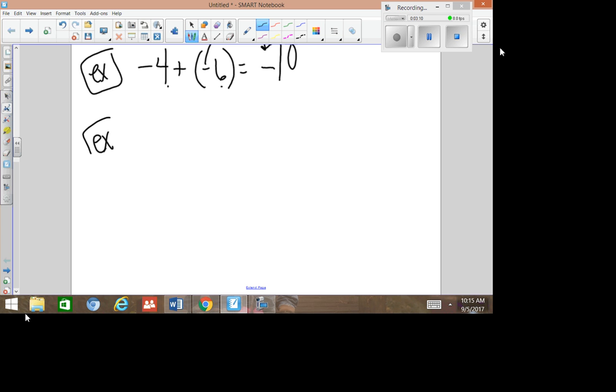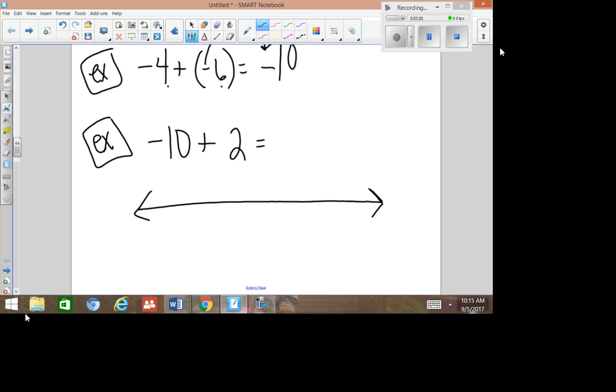Okay, let's look at one like this, just because we're going to start with easy numbers. Negative 10 plus 2. Let's say you're on that number line. I'm going to show you this one because it's a pretty easy one.